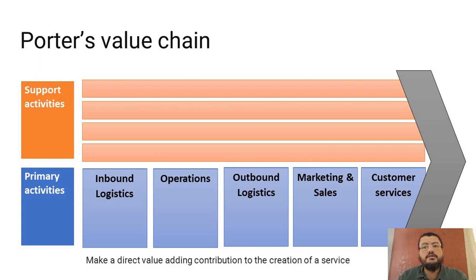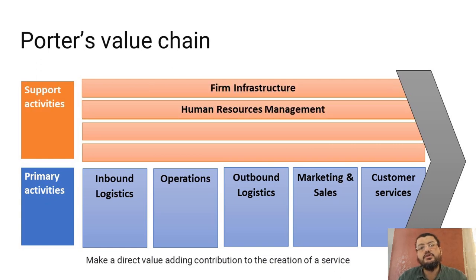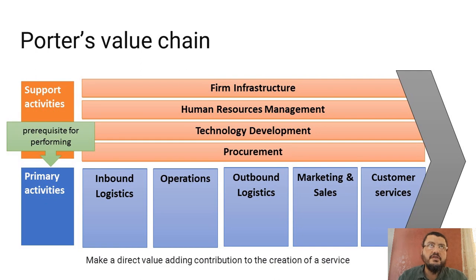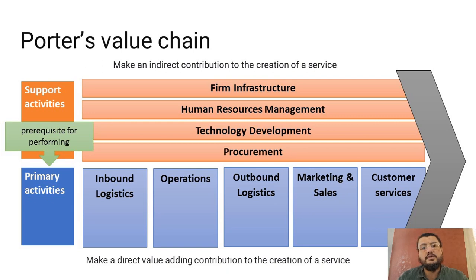Support activities such as firm infrastructure, human resource management, technology development, and recruitment are the necessary prerequisites for performing primary activities. Therefore, support activities make an indirect contribution to the creation of the service.